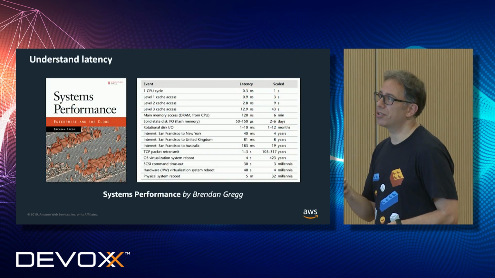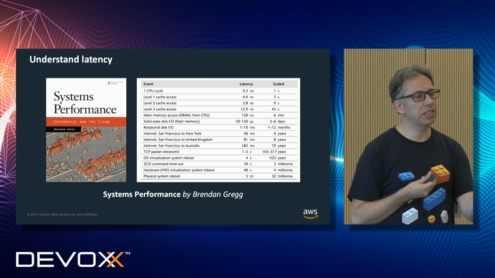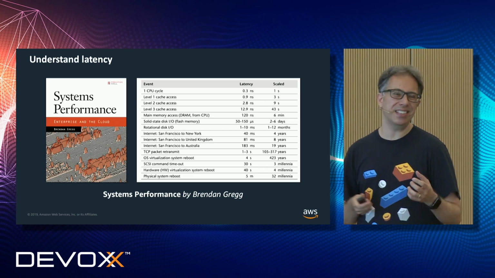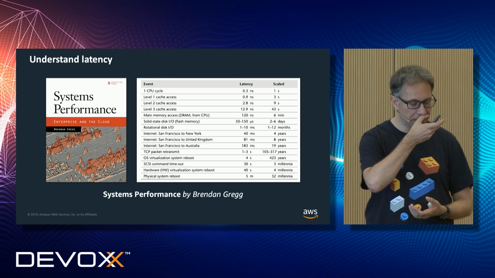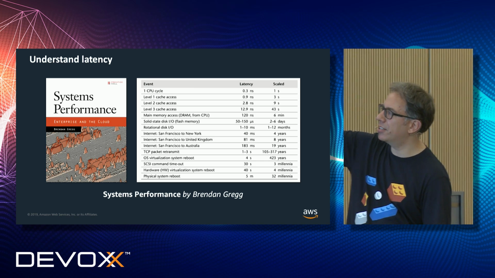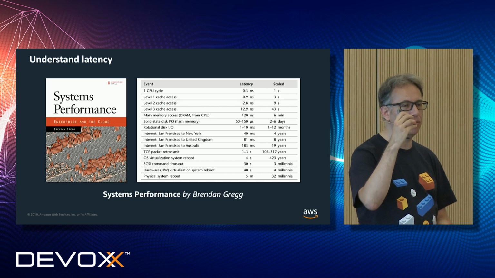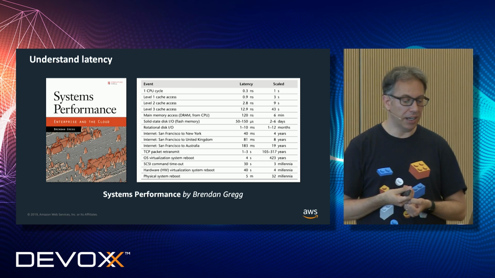And also with microservices, it's important to understand latency, because often with serverless functions, I hear people say, hey, this function is slow, this function is fast. Speed is very relative. I love this table from this Brendan Gregg book, because it gives us an idea of the speed if you're inside the CPU, if you go into the main memory, if you go into the internet, if you use a solid-state disk, if you use a rotational disk.